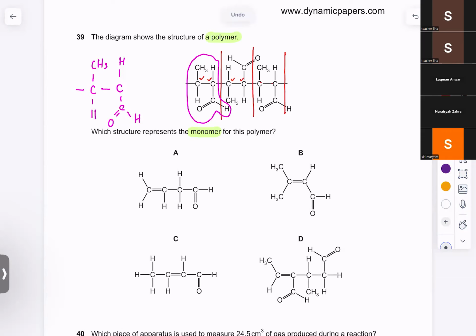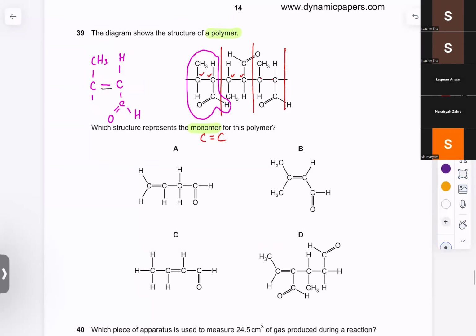Okay. So this one, polymer. Monomer, you have a C double bond C. If you have a C double bond C, you need to erase this one. After you erase the bonding, you put the double bond.